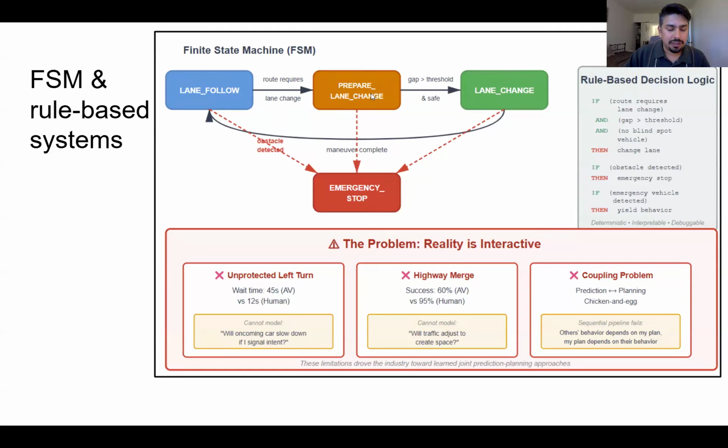Let's say you are successful in doing a lane change, you will transition to the lane change state. Once you're established in the lane change and complete it, you will go back to lane follow, because now you have established yourself in the new lane. This is the behavior part, where you think about your behavior as some high level behaviors, because it is easier to understand and compute.